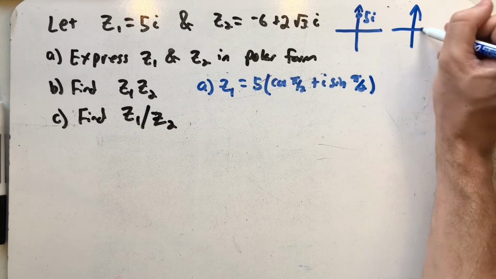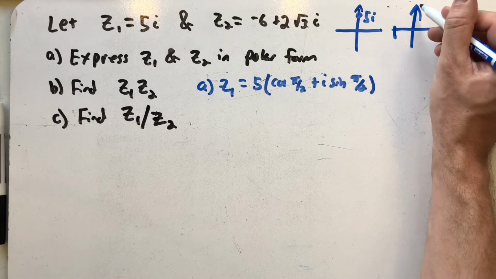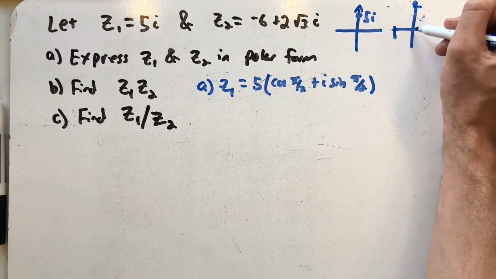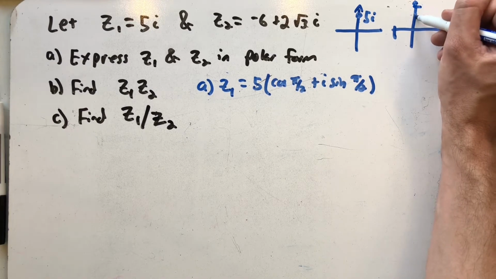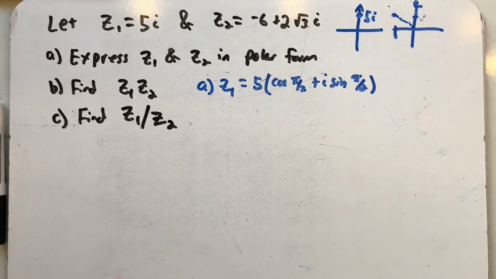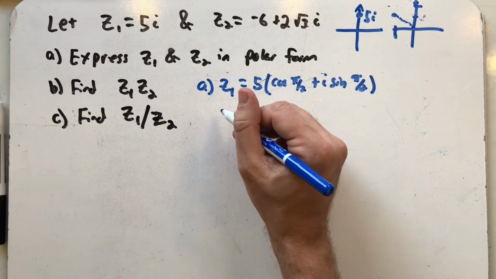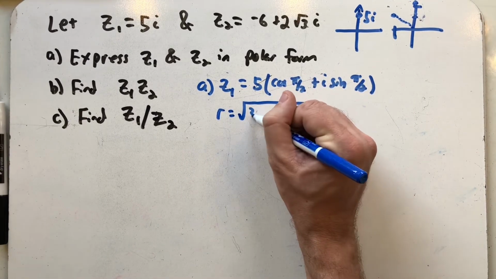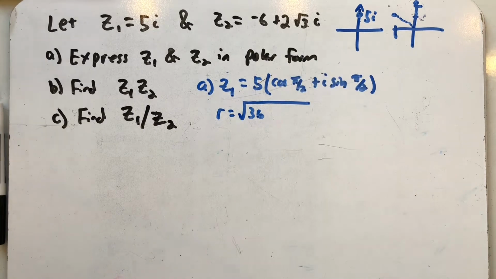My next complex number, I go over to minus 6 and then up to 2 times the square root of 3, which is about 3.4. So if that was another 6 and something like this, right? And I think I can even imagine what angle that is, but I shouldn't leave things like that up to my imagination. So when thinking about z2, r is going to equal the square root of a squared, 36, plus b squared.